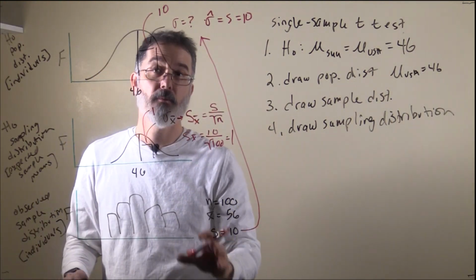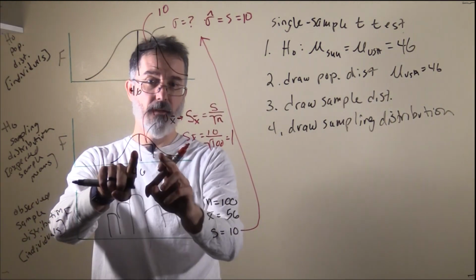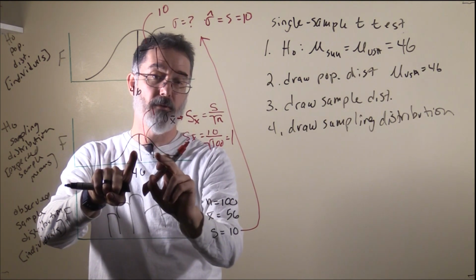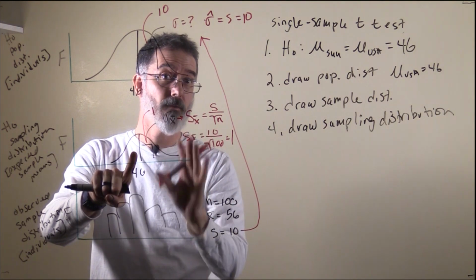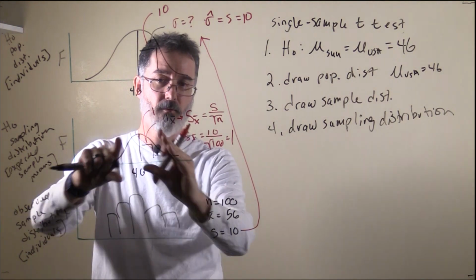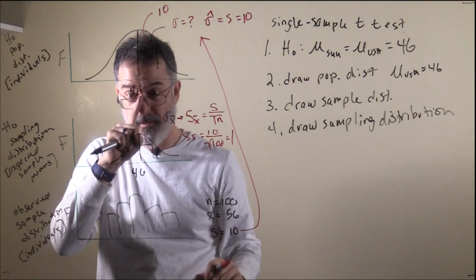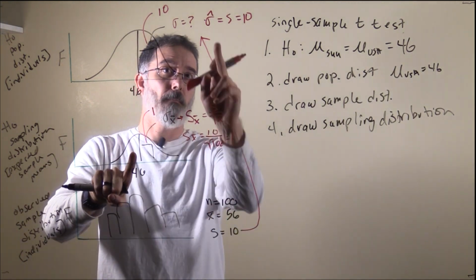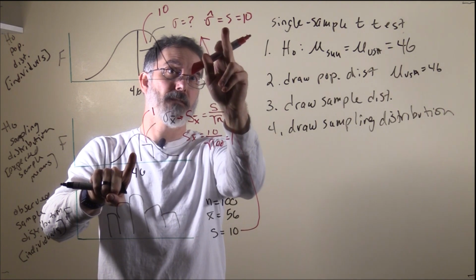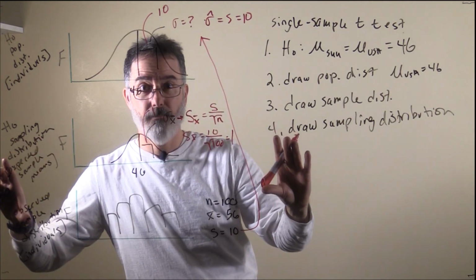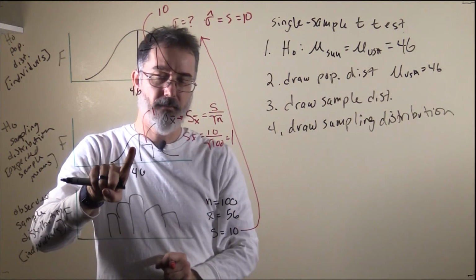For a z-test, when we knew the population standard deviation, the sampling distribution was a normal distribution, but for a t-test, it's no longer normal. Remember, this was a normal distribution, so we could use the z-table to calculate our probabilities. When the population's standard deviation is estimated based on the sample, that adds more uncertainty into the calculation of this distribution.